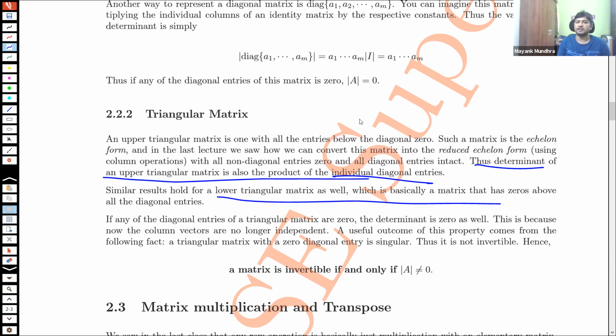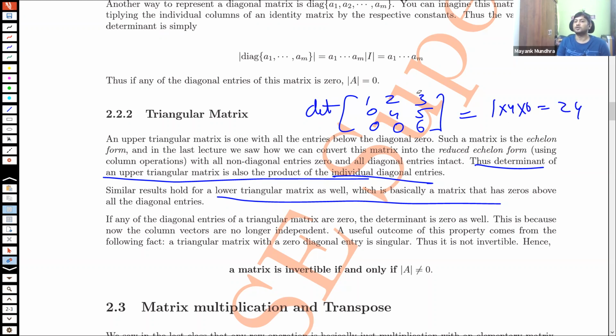So if you have a matrix like this, 1, 2, 3, 0, 4, 5, 6, 7, 0, 0, 0, 6, then the determinant of this is just going to be 1 into 4 into 6. So that is 24. Now I can do anything here. I can write 10 here. Doesn't matter. It will remain 24.